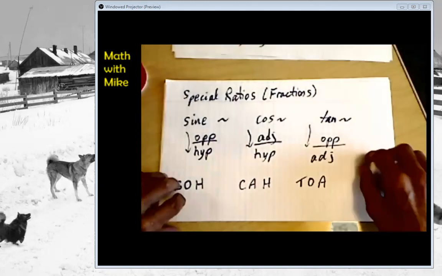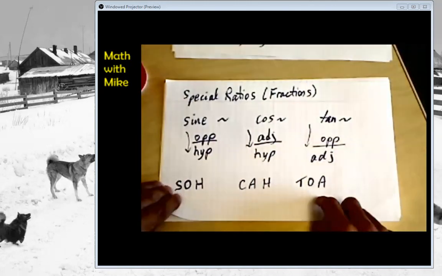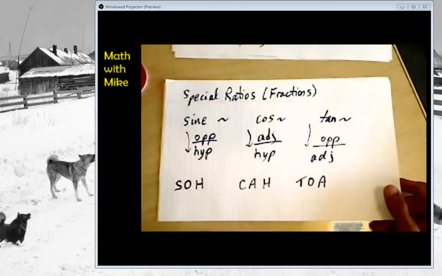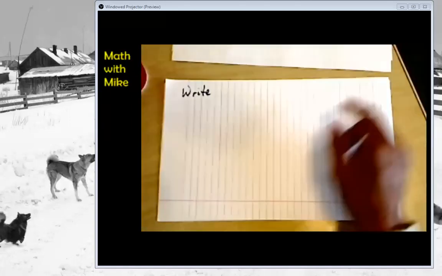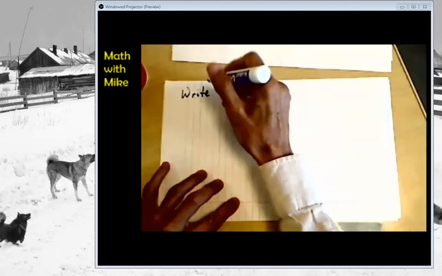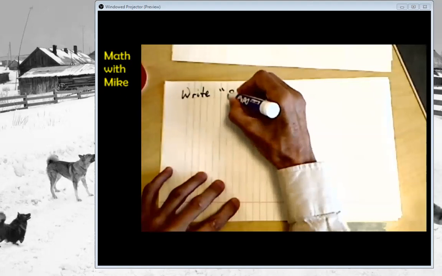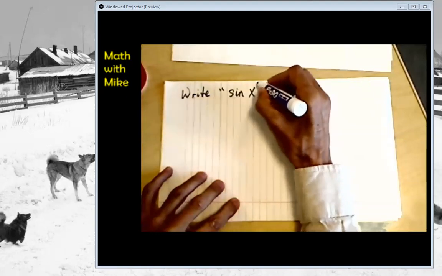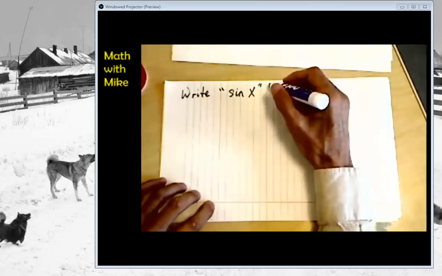Okay, now, if you have this memorized, we got one, maybe two last questions for today. It's true. SOHCAHTOA. That's how I say it. You can too. Here they are. Write the right sine of X for this triangle here.